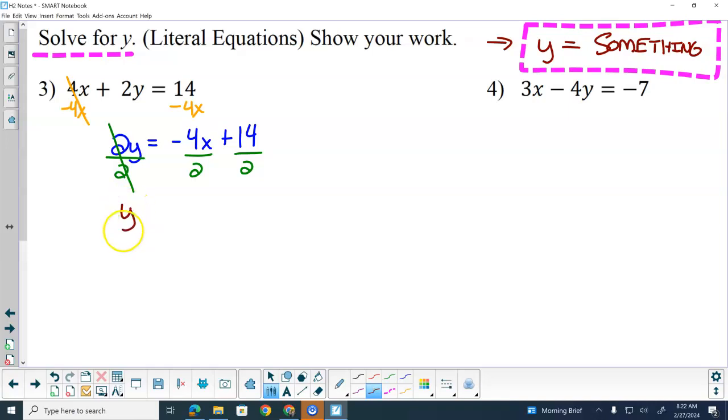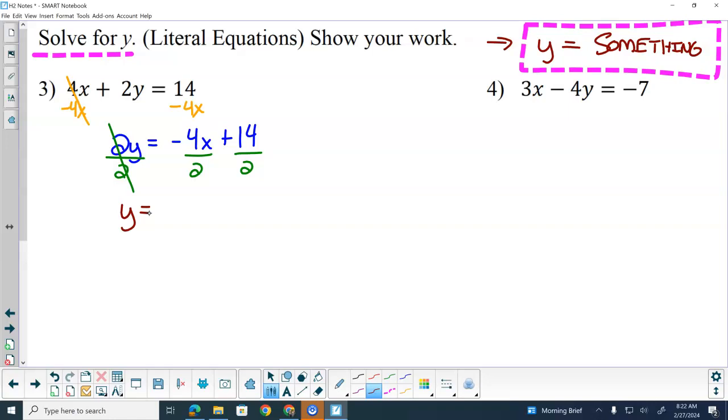Yep, okay. Now, -4 over 2. Do I like it? You sure? Because they can both be divided by... What is -4 divided by 2? Close. -4 divided by +2. -2, yep.